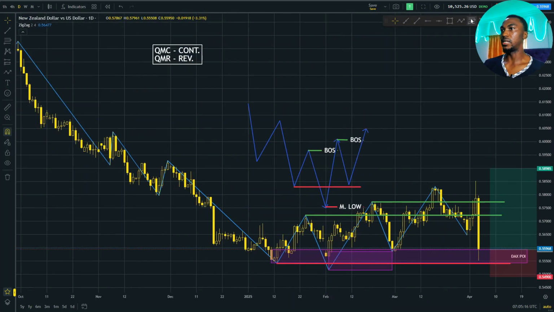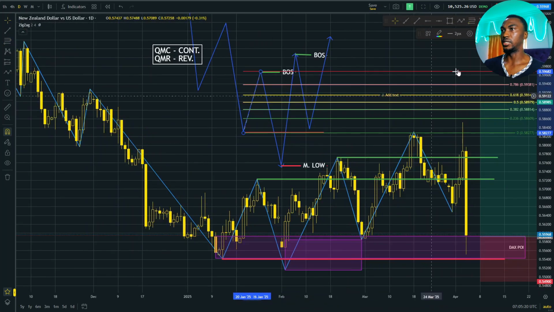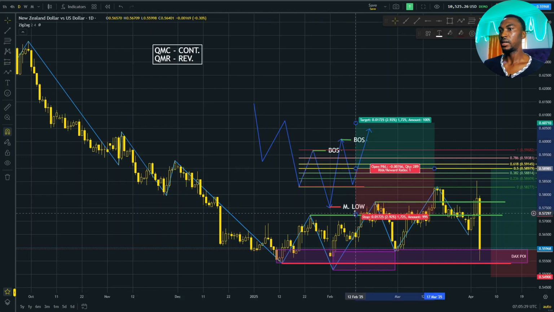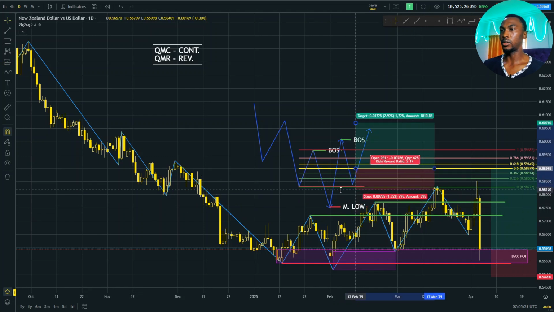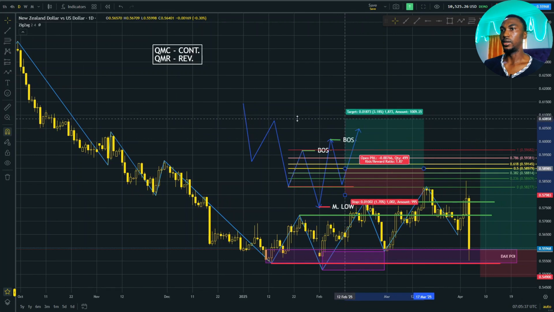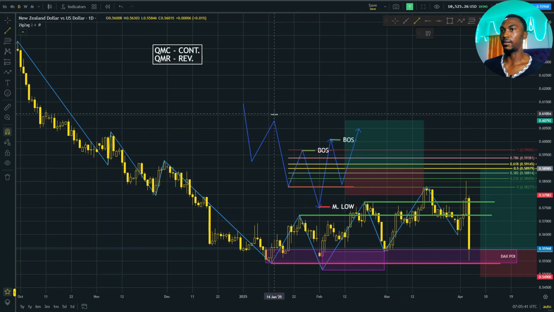So people usually place their trade when they see this happen after this break of structure. They usually place their trade right here on the fifth, either the 61.8 or 50%, whichever one, and they put their stop loss below this low, and they aim for maybe this high or the next high after that, which is this particular high right here.